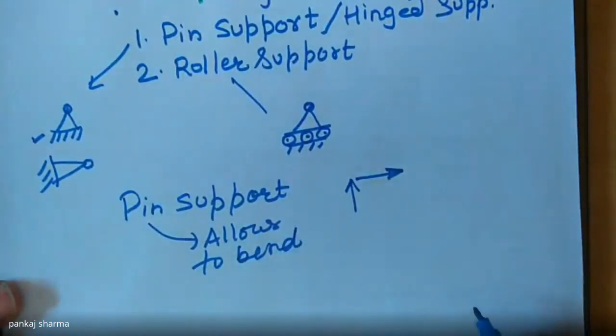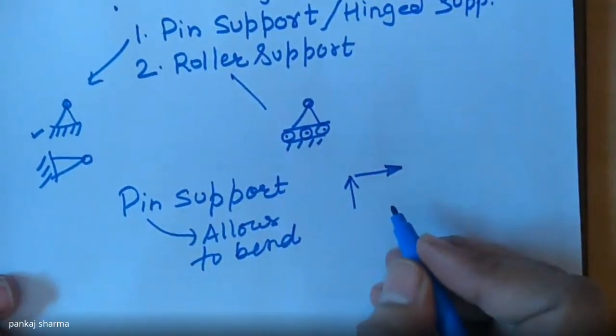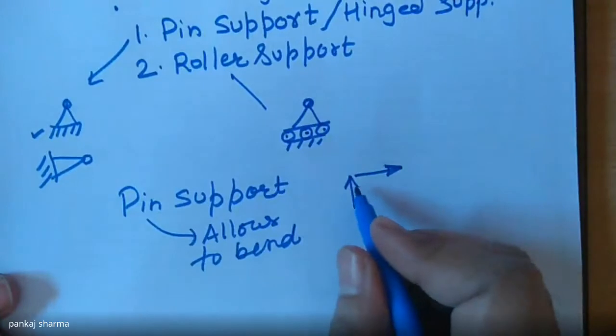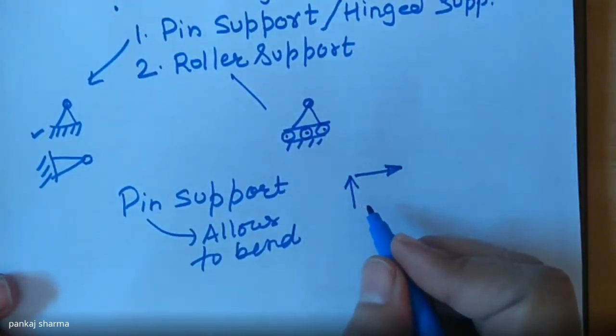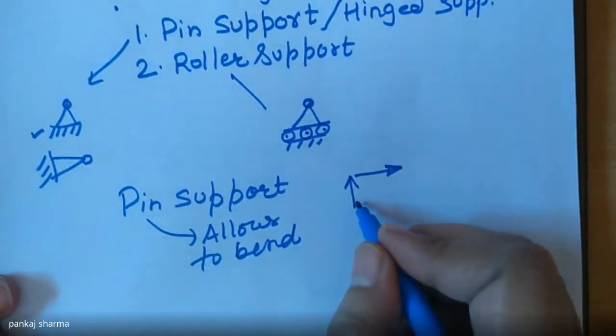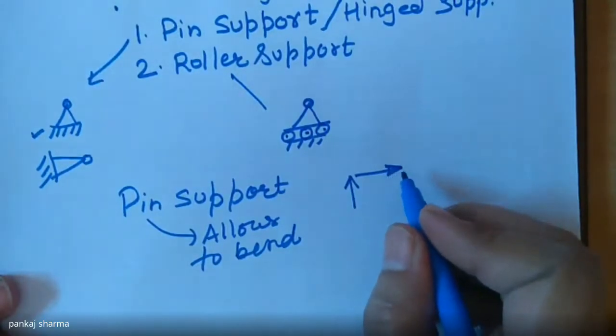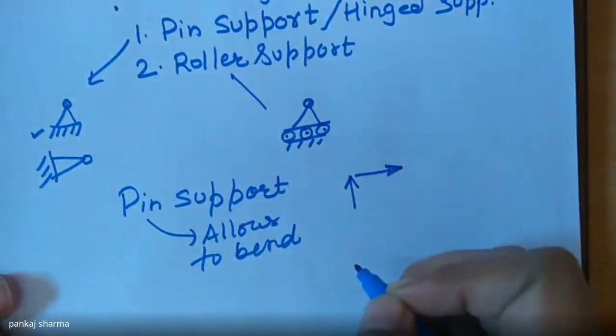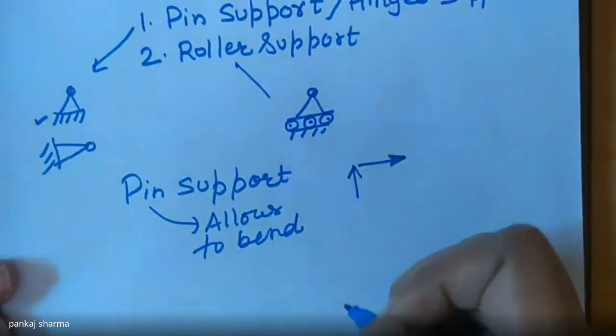There is no moment reaction for a beam for which one end is a hinge support. So only vertical reaction as well as horizontal reaction may be there, depending on the external loading.